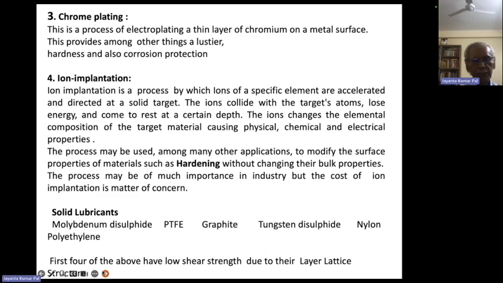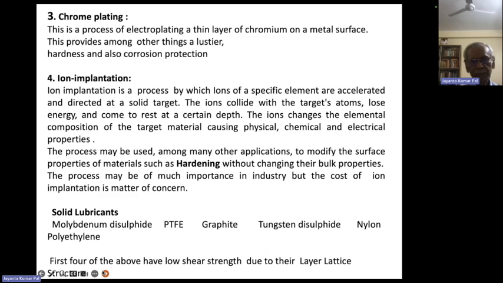The ions collide with the target's atoms, lose their energy, and come to rest at a certain depth. Now, this is important. So this means that the effect of ion implantation will be felt only up to the depth where it comes to rest. Rest of the metal remains as it is. That means its properties are not changed.